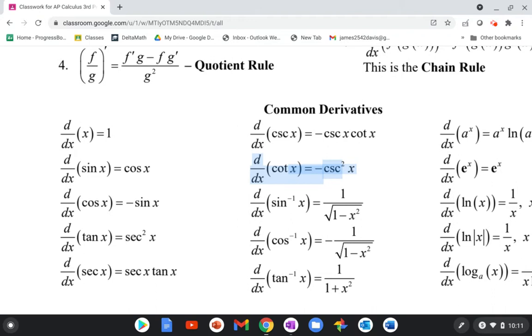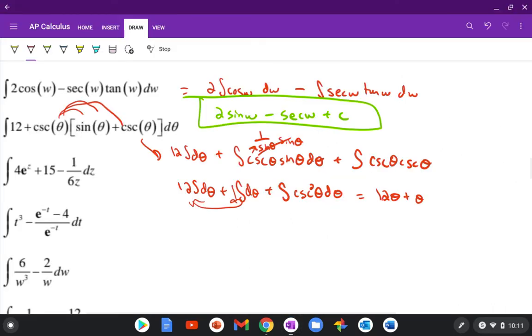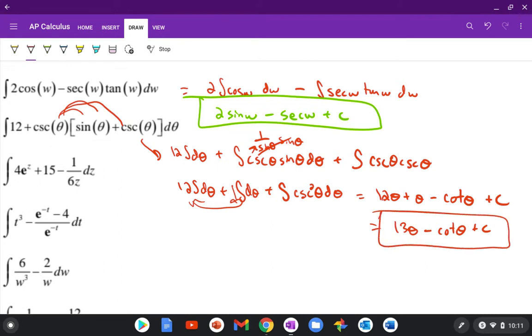That's cotangent, but it's the wrong sign. So we got to throw a minus cotangent theta plus c. So then we get 13 theta minus cotangent theta plus c. And there we go.